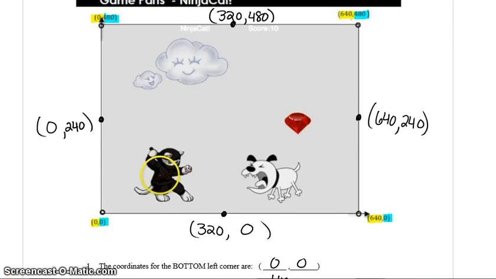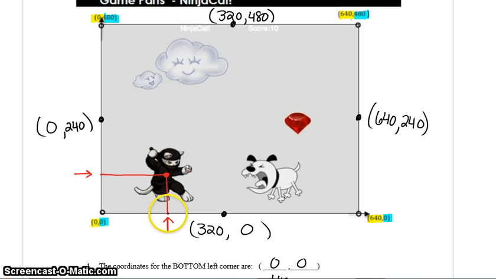So the first thing I'm going to do to figure out the coordinates of Ninja Cat is pick one specific point that represents his location. And I'm going to very carefully draw a vertical line down to the x-axis and also a horizontal line over to the y-axis. I need to approximate the cat's x position and the cat's y position.